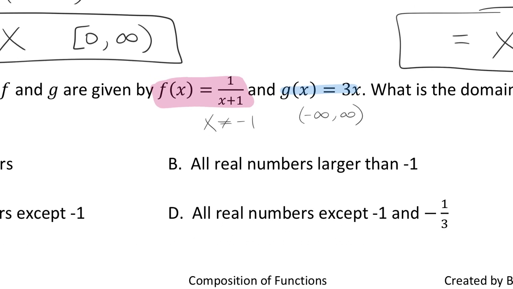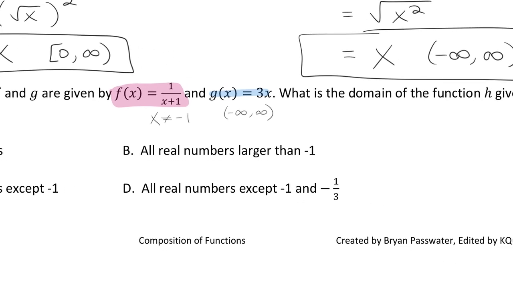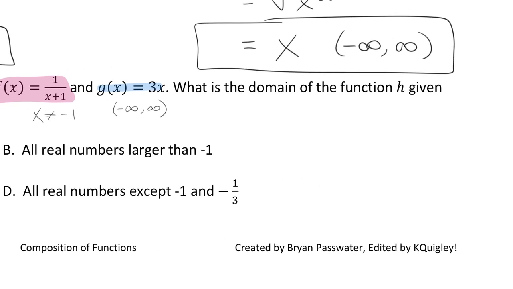Let's do our composition. You guys told me what was on the inside, but I already forgot. What should go on the inside? G. So I'm writing f of g of x, which means inside of the f function, I need to put the g function.